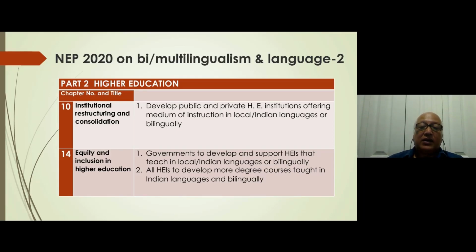Then all higher education institutions will develop more degree courses taught in Indian languages and bilingually. So there is a flexibility suggested or implied in the term bilingually, where in addition to the home language or the regional language, we are using either the official language Hindi or English.